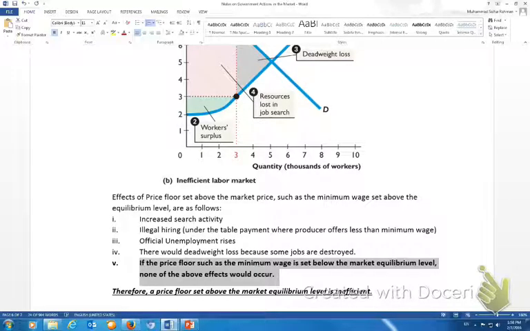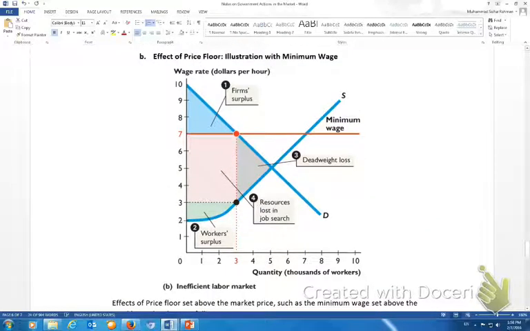But notice what would have happened if we had set that minimum wage law at a level below the market equilibrium wage. Let's say the minimum wage is set at $4 per hour. So here, let's say this is the minimum wage.